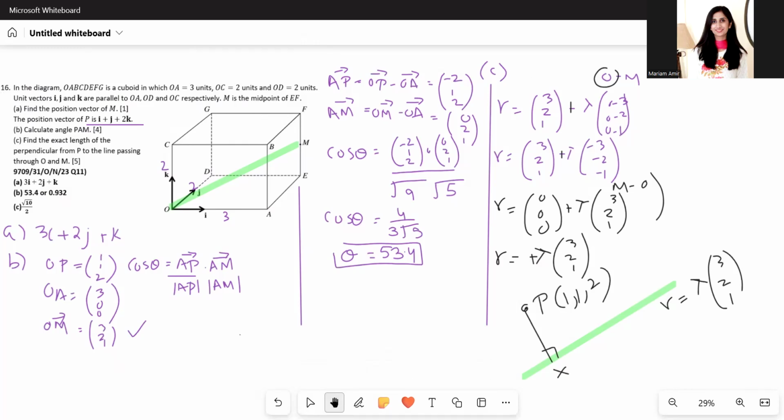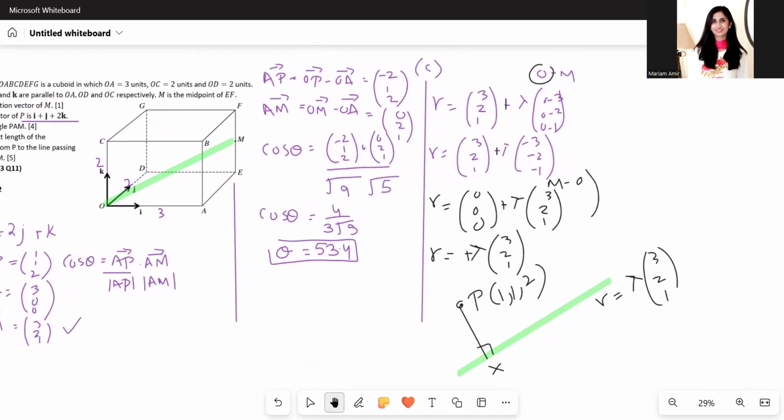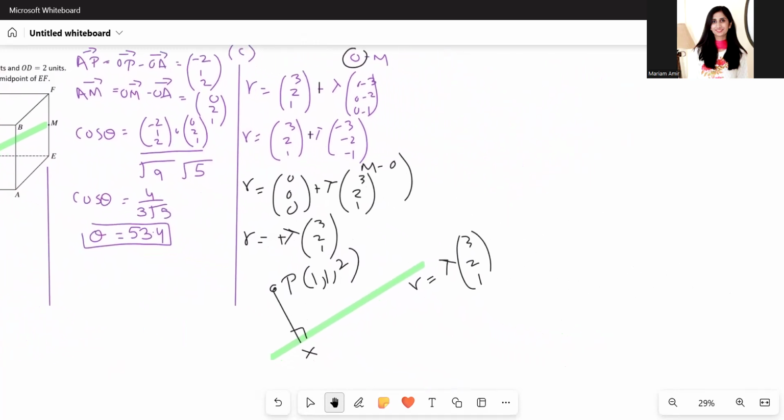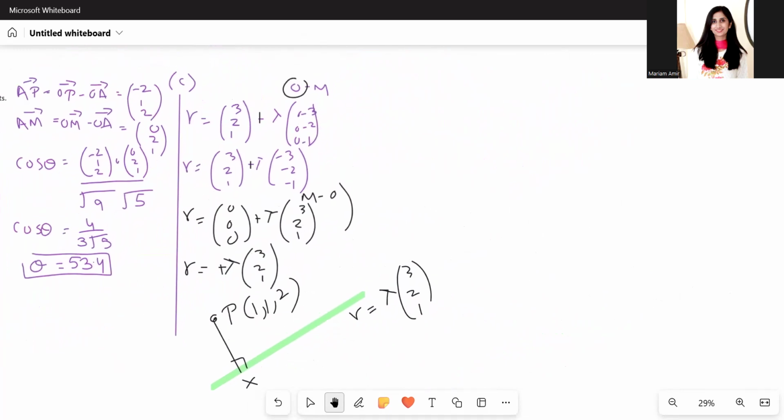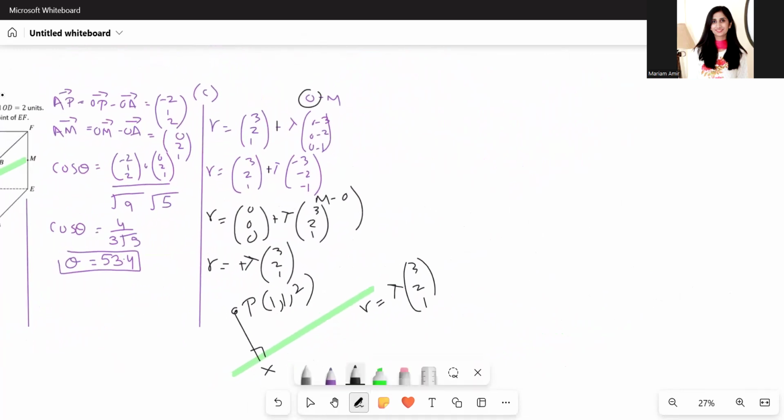And now we're going to follow those typical steps, which are write down the position vector of P, write down the position vector of X. So OP is 1, 1, 2. OX is the same as the position vector of the line passing through it, which is 3 lambda, 2 lambda, lambda.